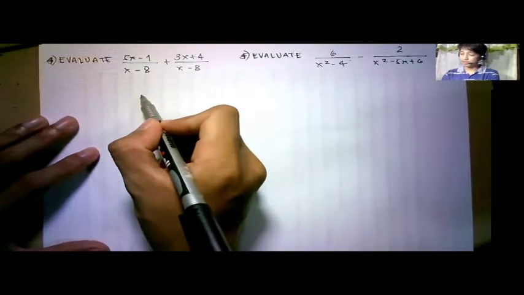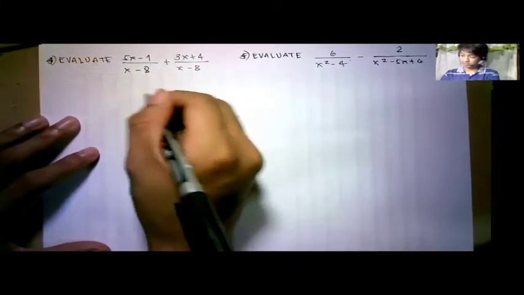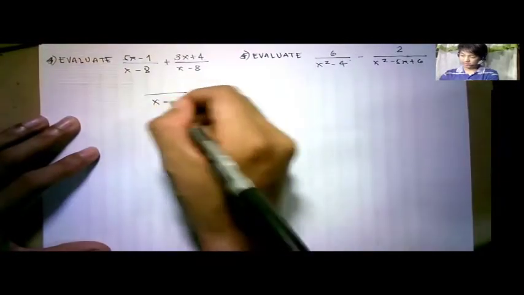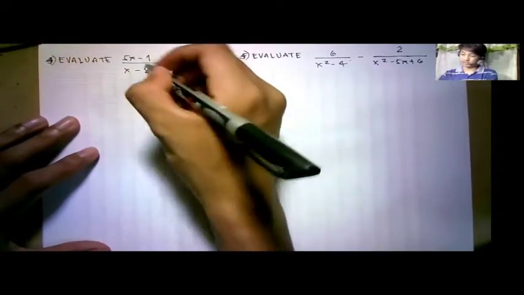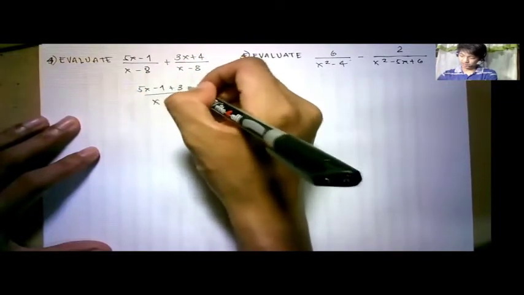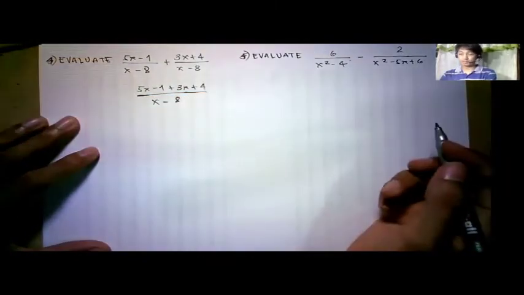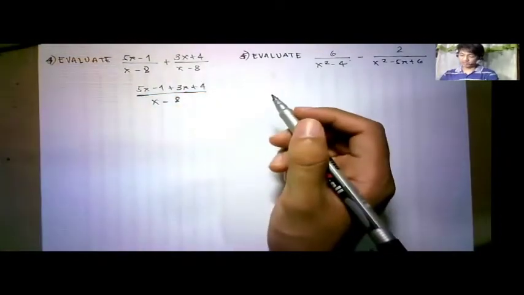So we are going to have just copy x minus 8. So that will give you x minus 8. And then copy 5x minus 1 and then plus 3x plus 4. Okay? And then we evaluate, collect like terms.